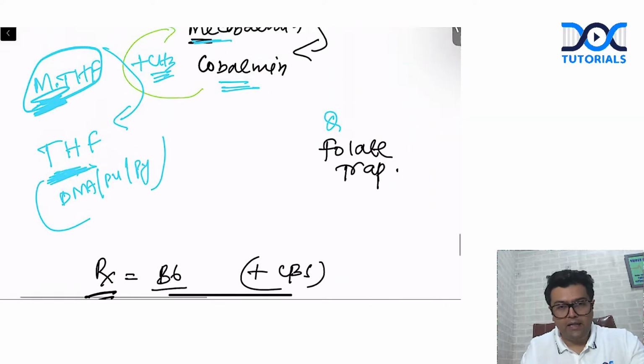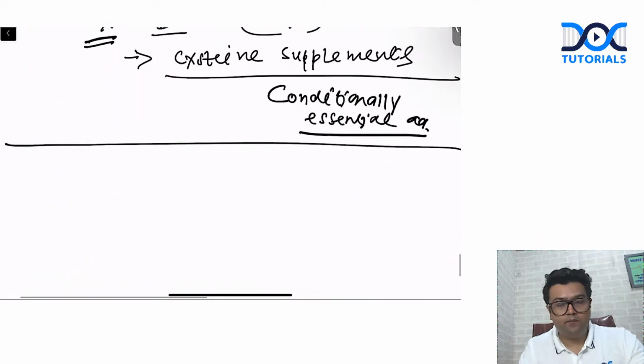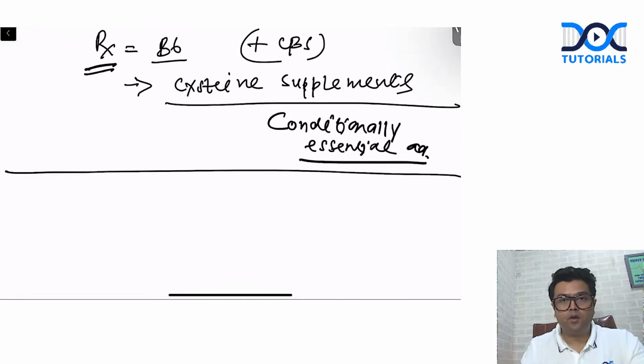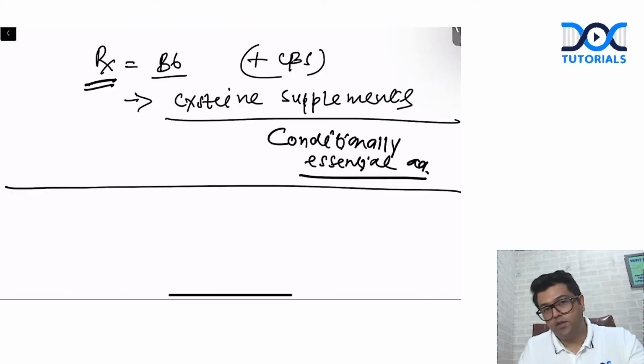If you write like this, section by section, you will get good marks. Even if you write 2 points in management like this, you will get full marks. Instead of just writing that we will avoid a diet which contains homocysteine, because there is no such diet, you can write that we can avoid the diet which is rich in methionine. But don't write like that if you're not sure.